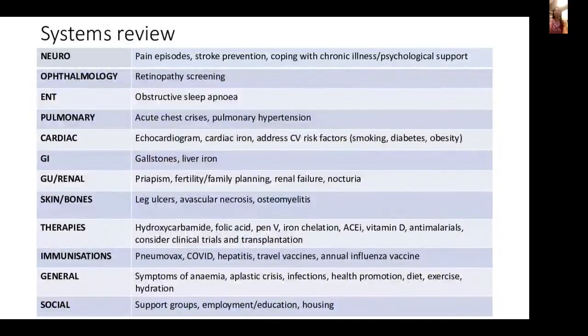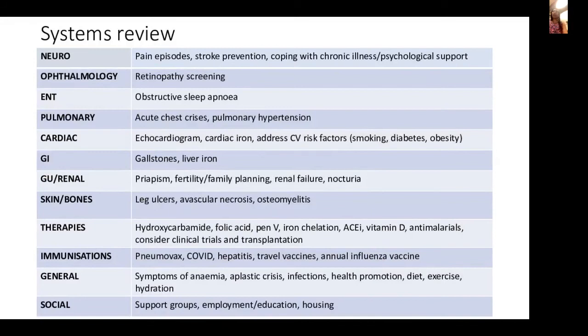So my next slide is just some of the things that you have to cover. It's not exhaustive, but just gives you a flavour of the things that I would cover in an annual review. So neuro, you'd be asking them about pain, stroke prevention. That's mainly medication.